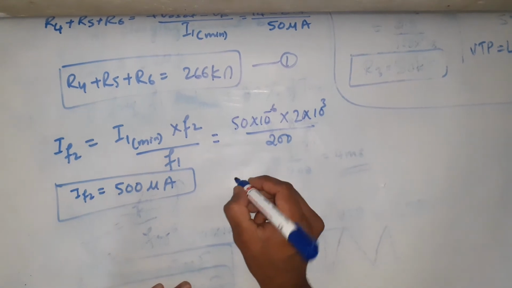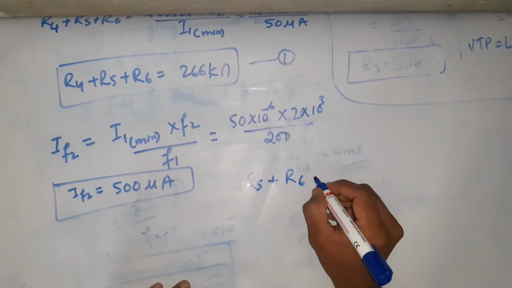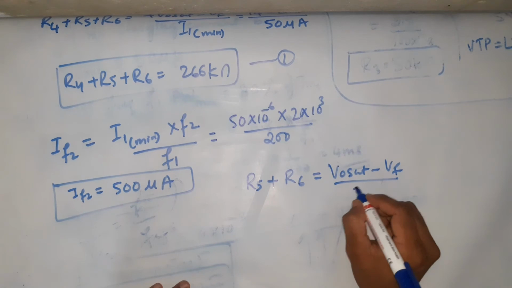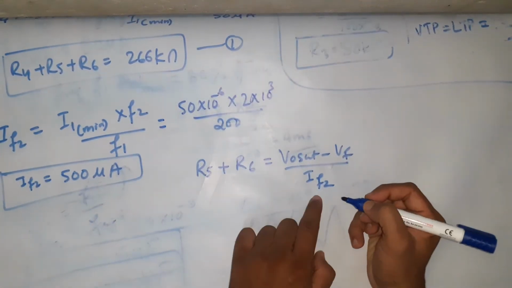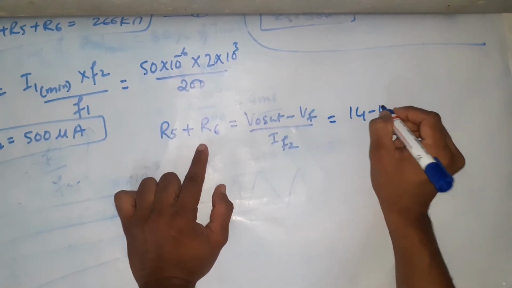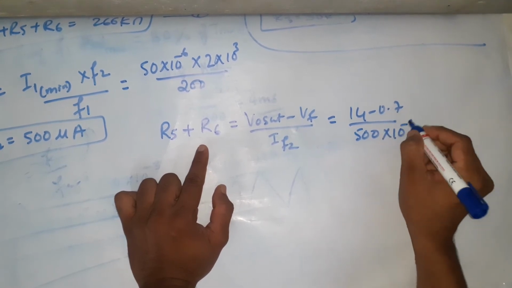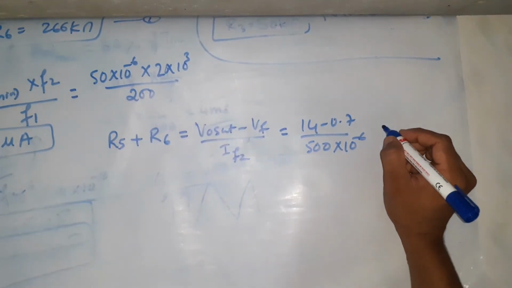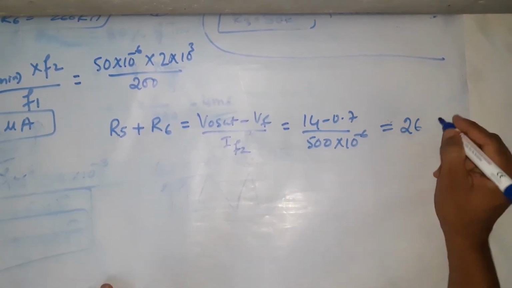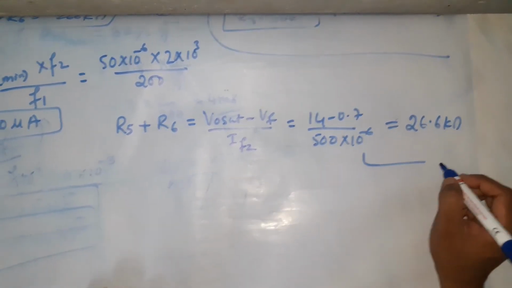Now keep this IF2. We have another formula with the combination of R5 and R6, which is V0 sat minus VF by IF2. This IF2 you will be using in this formula. 14 minus 0.7 divided by 500 micro, 10 raised to minus 6. So this will give you 26.6 kilo ohms.